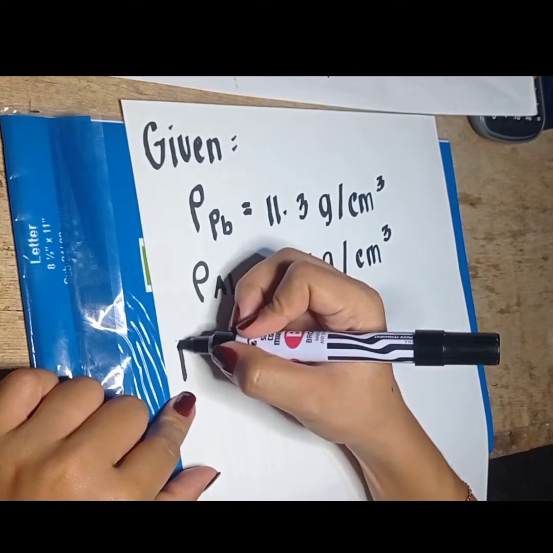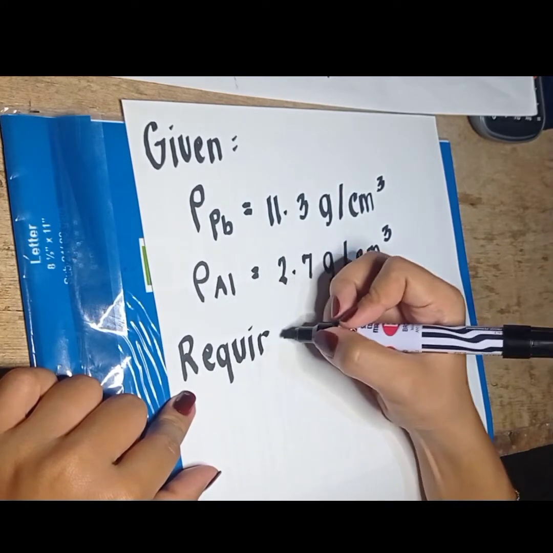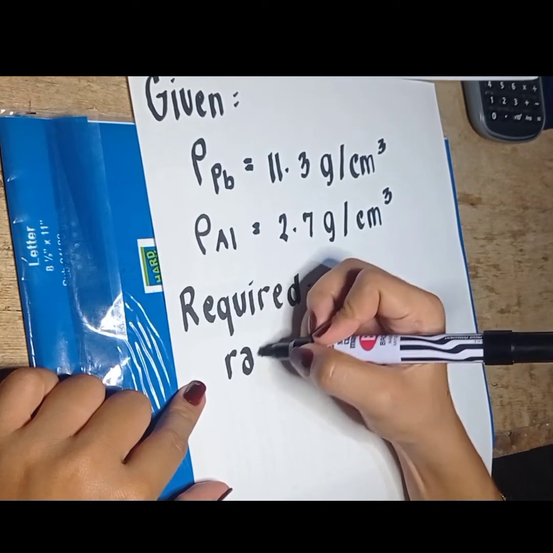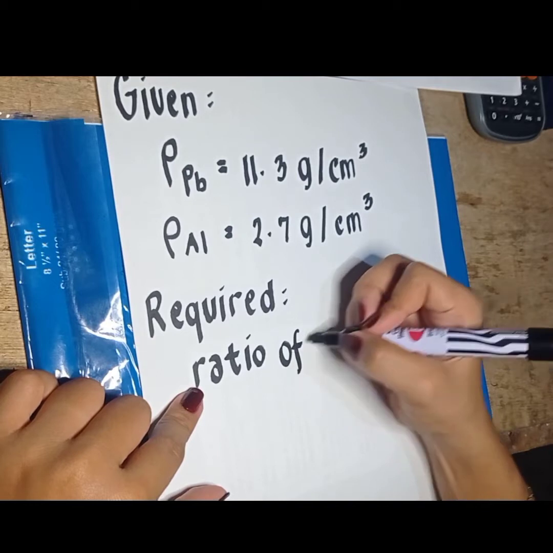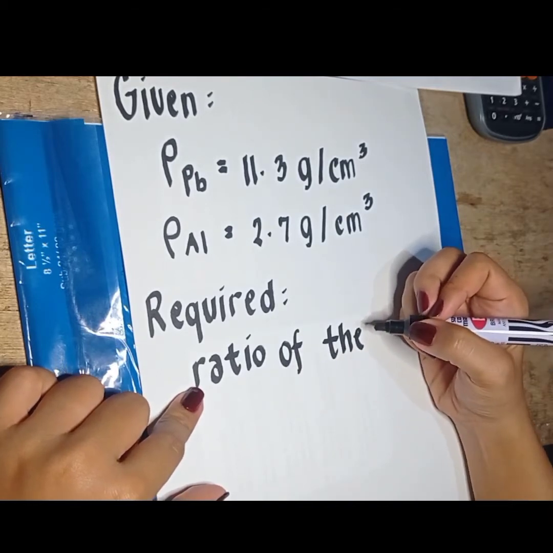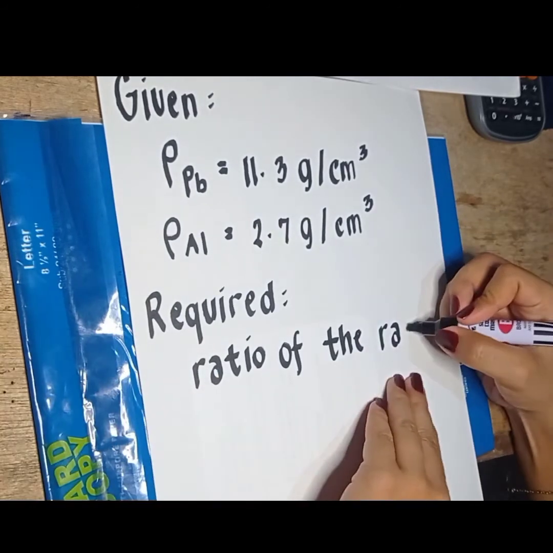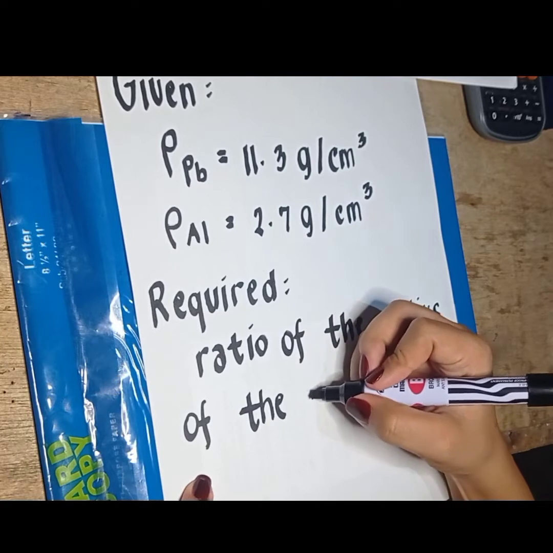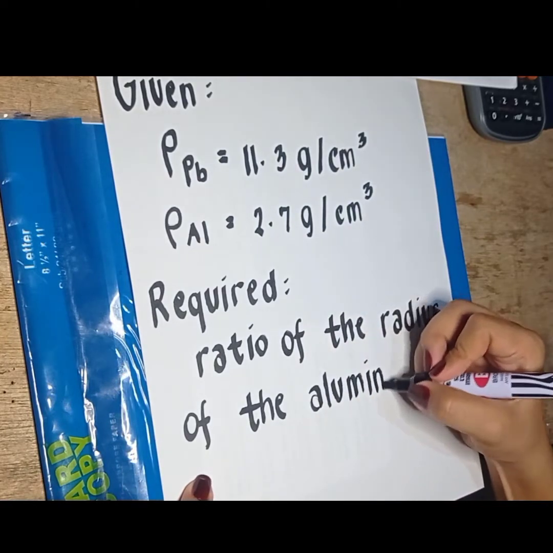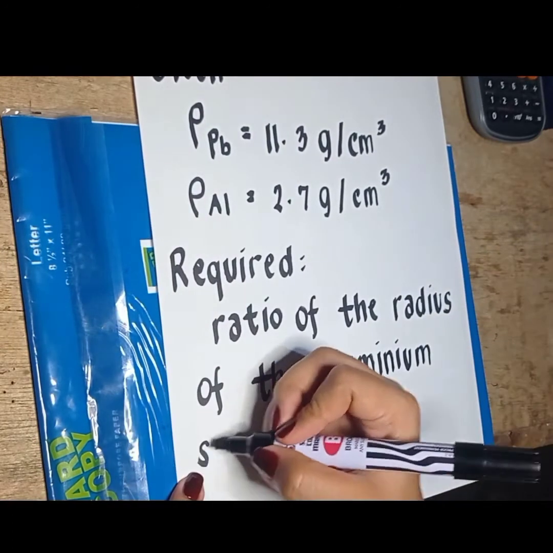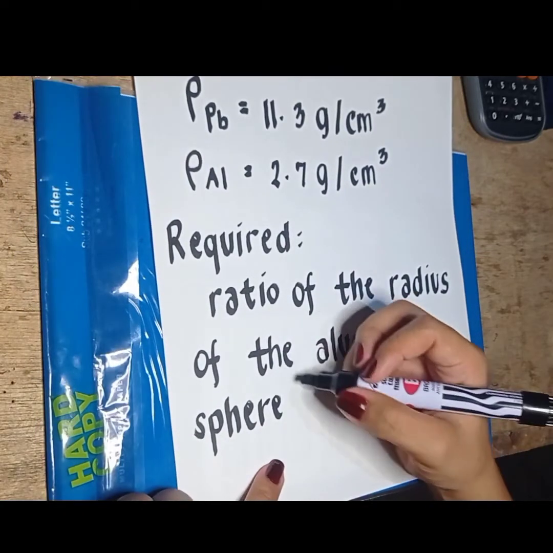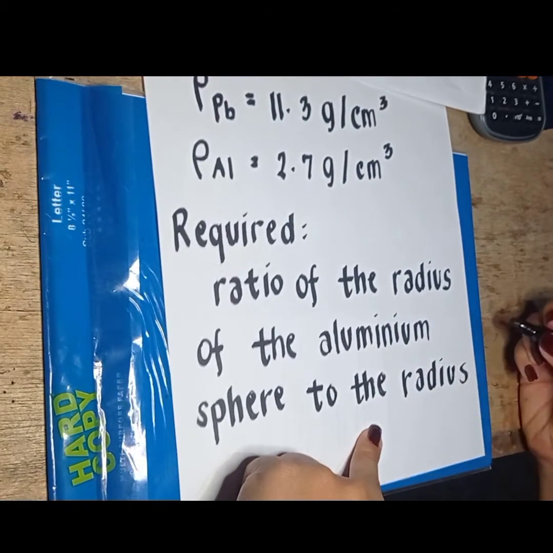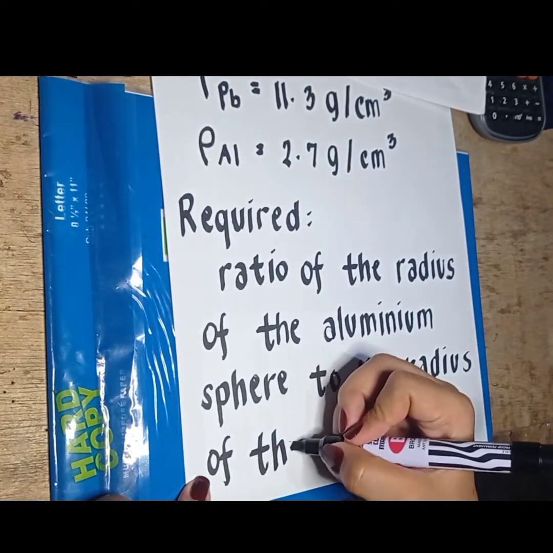So, what is asked in the problem? We are required to find the ratio of the radius of the aluminum sphere to the radius of the lead sphere.